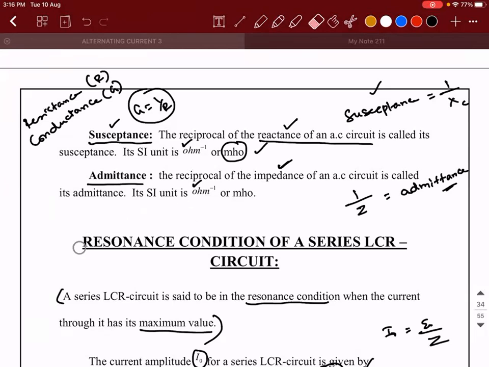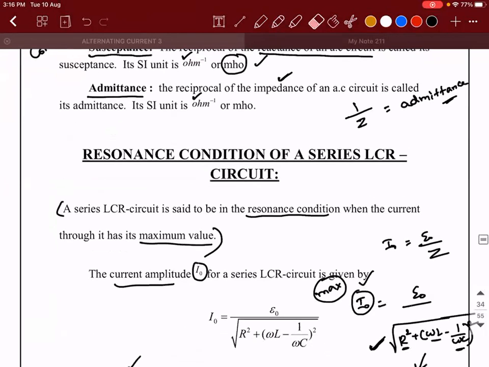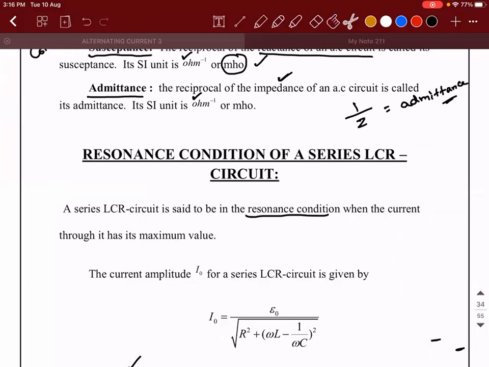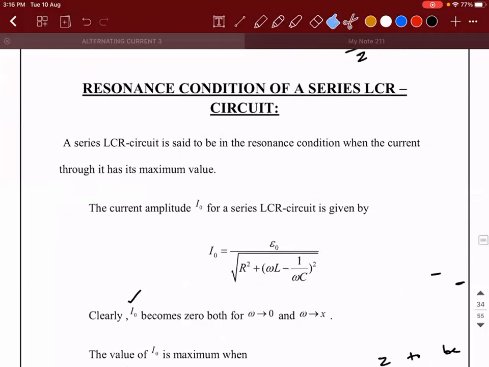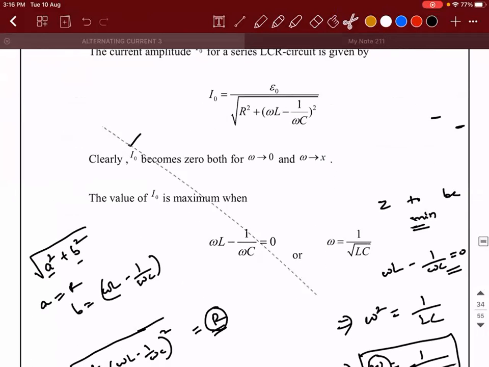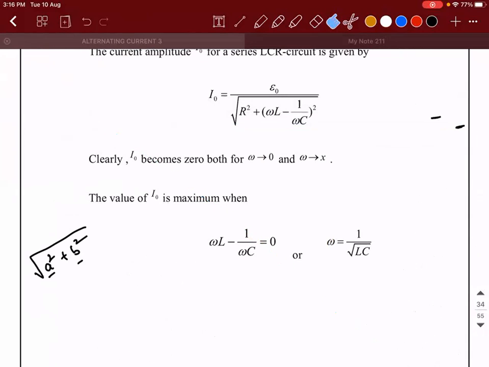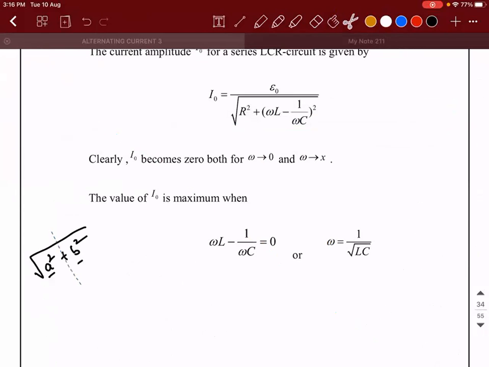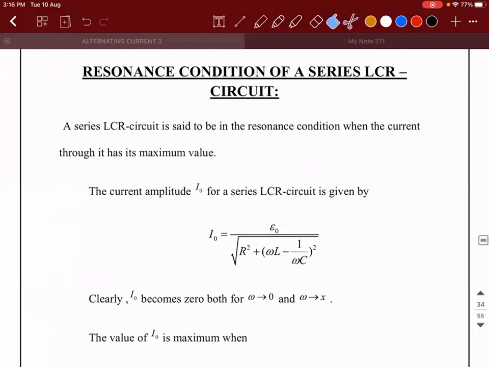So the next important condition that we are going to talk about is called as resonance in series RLC circuit, which is a very, very important concept. You will have a definite question from this concept. So you need to understand what it exactly means. Listen, guys.